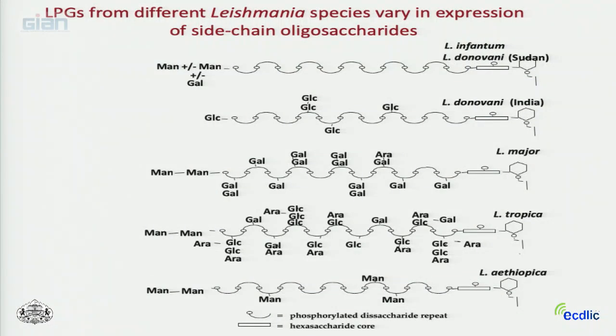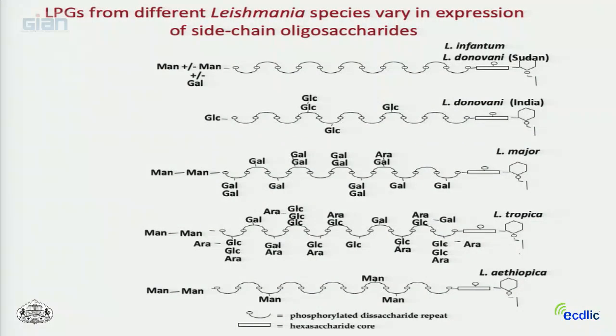And then what we learned from an enormous amount of biochemistry, glycobiology done by many different groups, is that the LPGs from different Leishmania species vary in expression of these oligosaccharides. So it turns out LPG is the most polymorphic Leishmania molecule that's been described. And the polymorphism, we don't think, is driven by anything that goes on in the mammalian host.